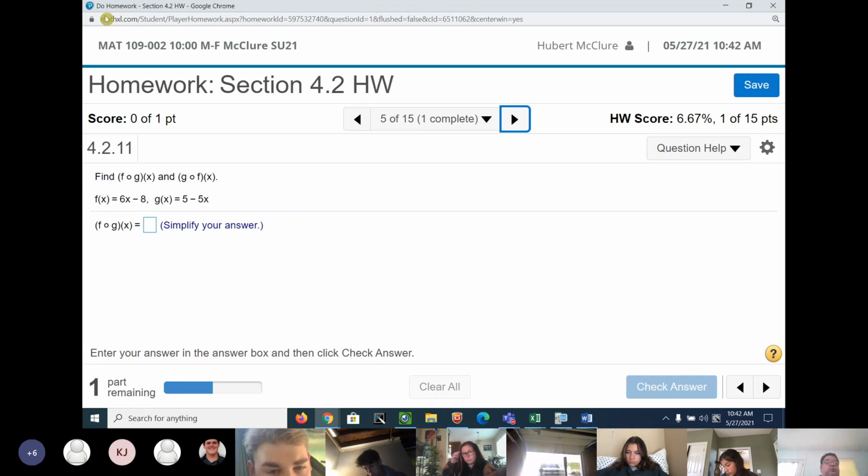All right, so f of x, I'm going to do all 4. F of x is equal to 6x minus 8. G of x is equal to 5 minus 5x. And I'm not even going to worry about what they're asking for because I'm going to do all 4.